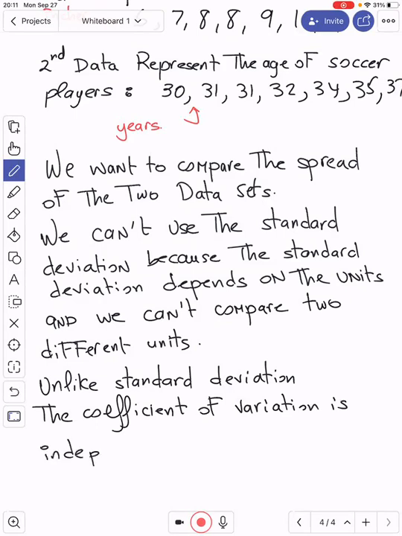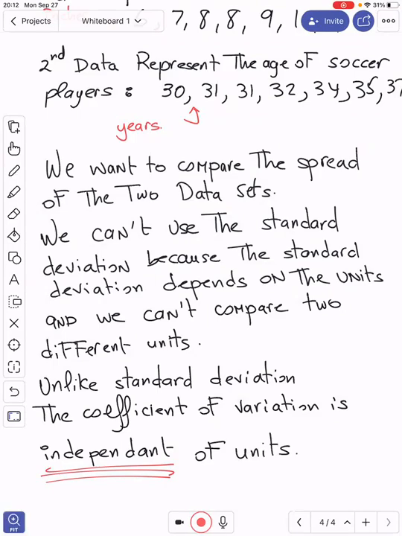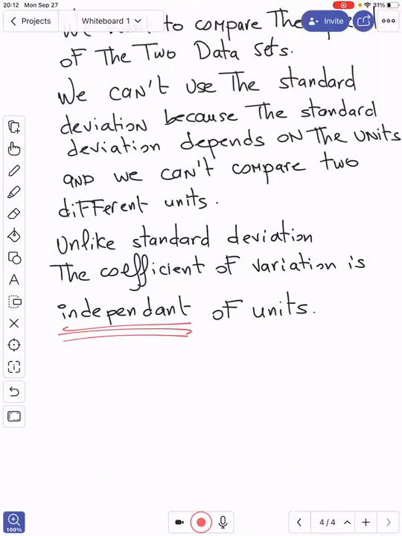If it's independent of units, then you can compare two samples using different units. Because it is independent of units, we can compare measurements of different populations.